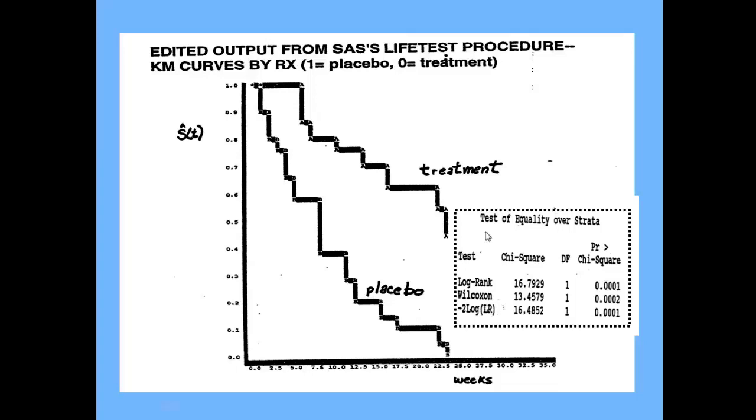Now, there are other ways to compare groups. There are other tests. Another one is called the Wilcoxon test. You notice the Wilcoxon test value is less. See, the number is less. It's not as significant, even though it is significant, right? It turns out this test called the Wilcoxon test, and there's a parallel test, which is almost the same thing, not exactly, called the Peto test.